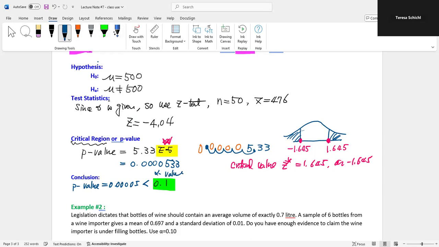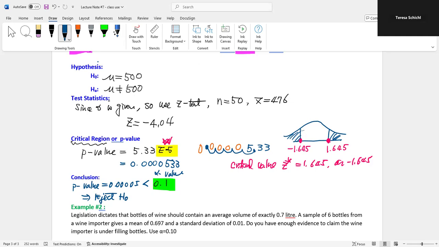So we know if the p-value is less than the alpha value, we reject H0. That means the data provide significant evidence that students use a different amount than 500 cups here.